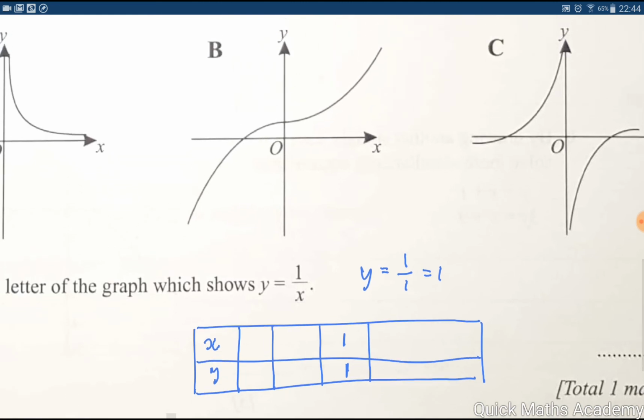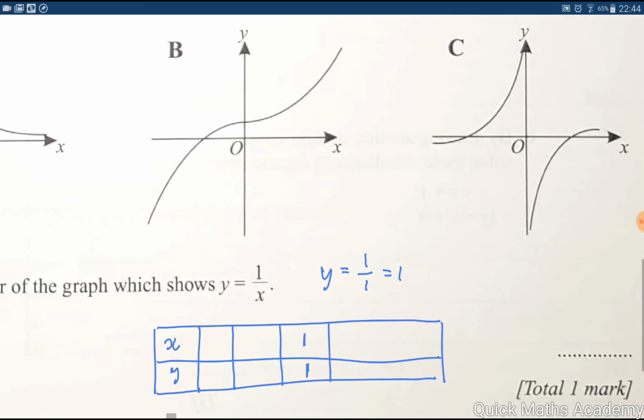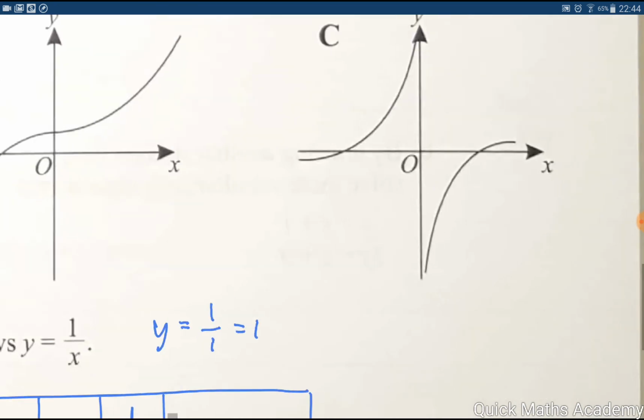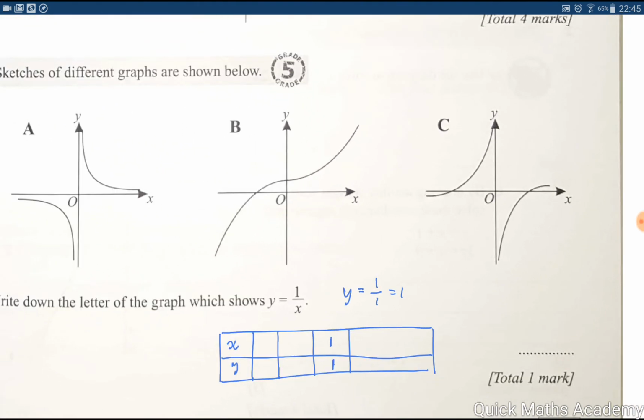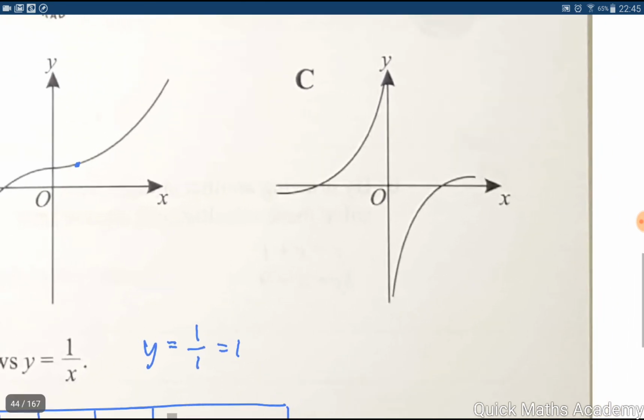So immediately I think I can discard this option C. You know, we might have the 1, 1 here, maybe here, it's possible. But in option C I'm not seeing the 1, 1 being possible.